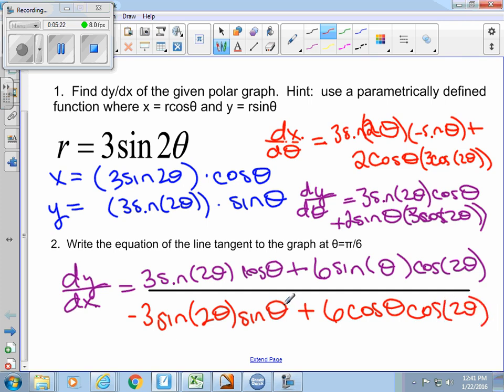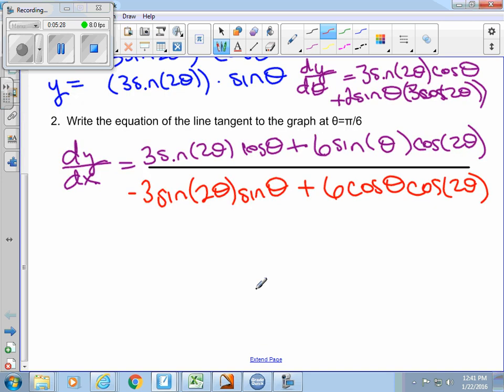That look right? Let me know if I have any errors in there. Tangent line. What do I need to do the tangent line? X, Y, and M, right?